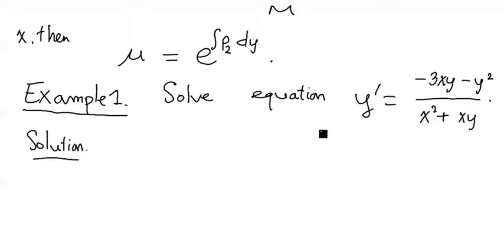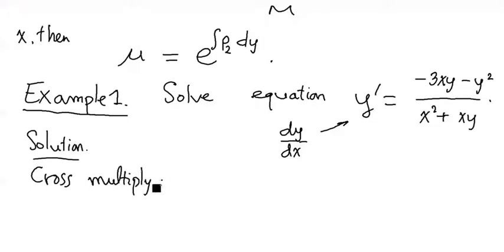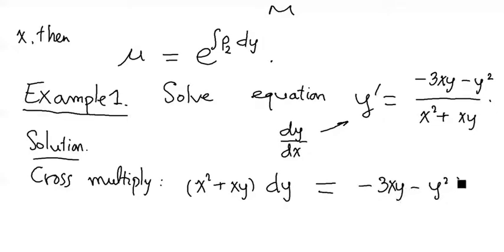As usual, we will rewrite y prime as dy dx. When we cross multiply, we try to write the equation in the differential form. We will have x squared plus xy times dy equal to, on this side, minus 3xy minus y squared, multiplied by dx.